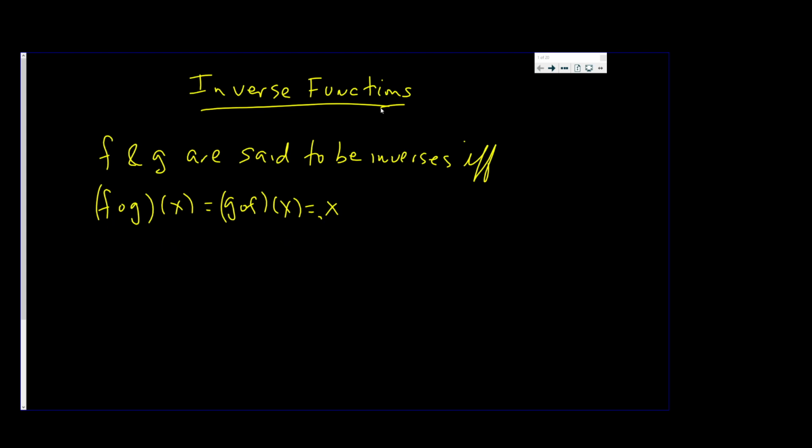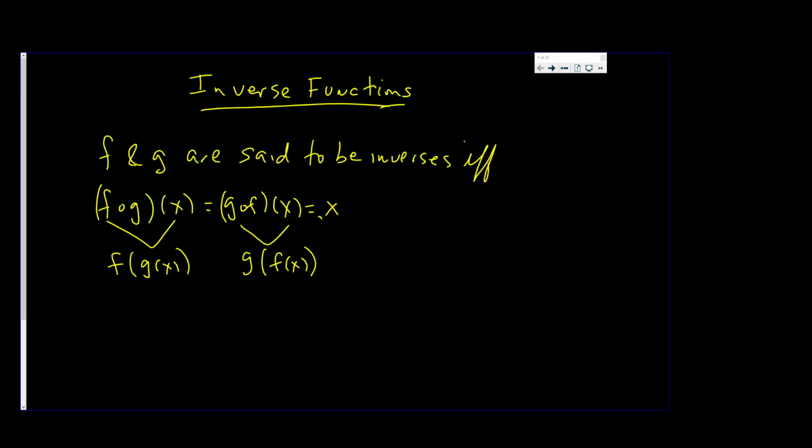Now, by definition, this means f evaluated at g of x, and this means g evaluated at f of x.